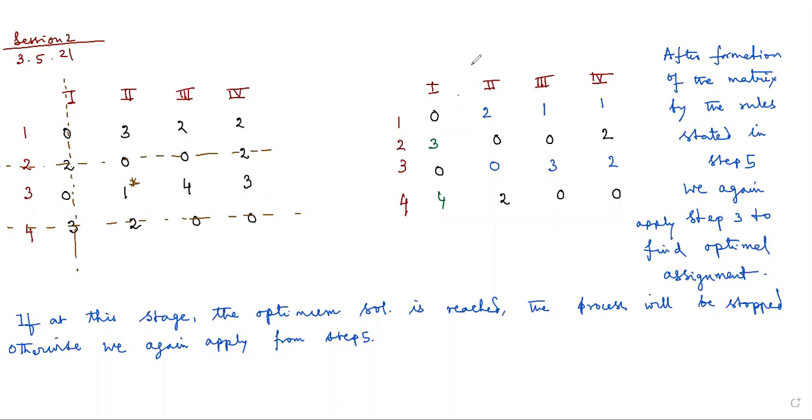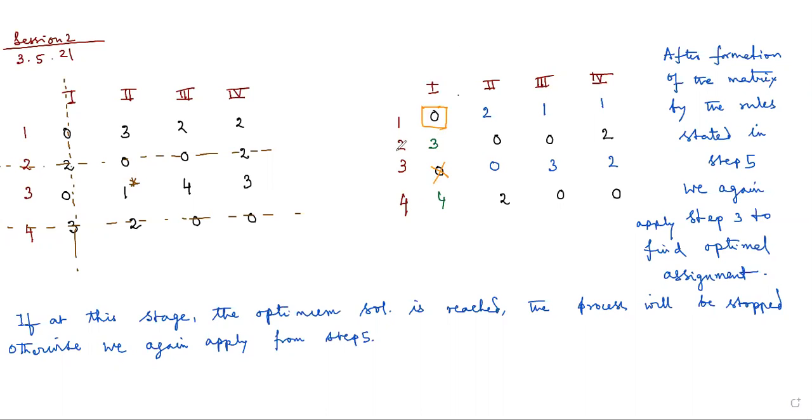Just like as I described in step number 3, try to find the row which contains the single zero. So this is the first row which contains the single zero. We are going to assign this zero by putting it inside a box. Any other zero appearing in the column or row containing this boxed zero will be struck out.